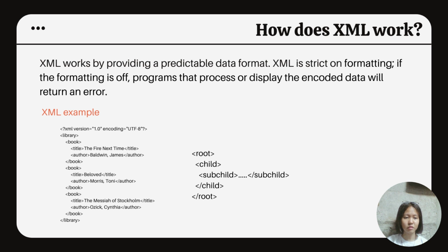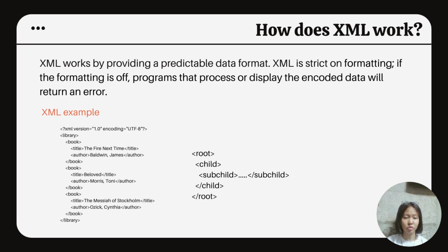The prologue specifies that the file contains XML version 1.0 data, encoded using Unicode Transformation Format 8 encoding. Different character encodings can be used for different language character sets, but all XML files must be composed of Unicode characters.